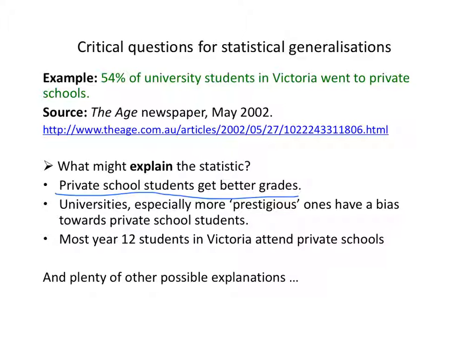If it was true, it might explain this statistic that we're interested in. Here's another possible explanation. Universities, especially the more prestigious ones, might have a bias towards admitting private school students. Here's another possible explanation. Well, perhaps about 54% of all students in Victoria attend private schools.